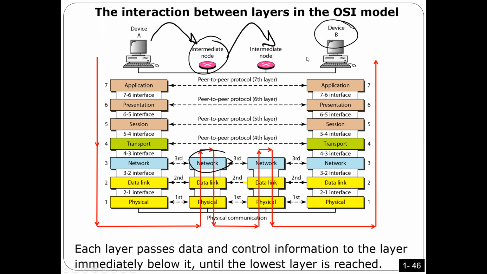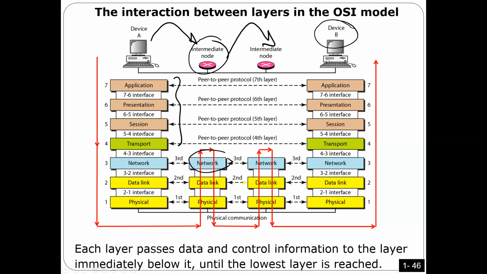As you see here, there are several things we need to talk about. The first thing is, the upper 4 layers are end-to-end. So the application layer is communicating to the other application layer. Same thing, transport to transport. So they are end-to-end.